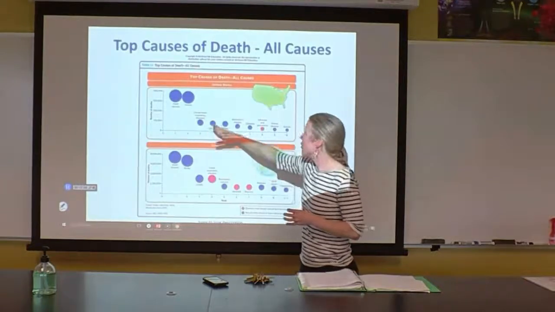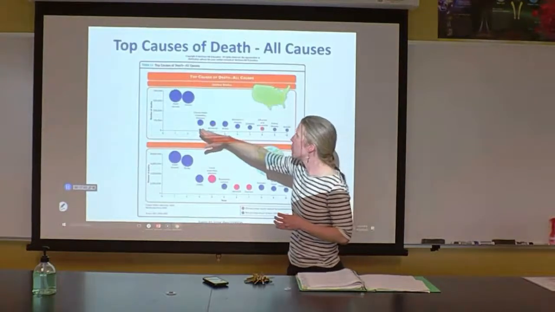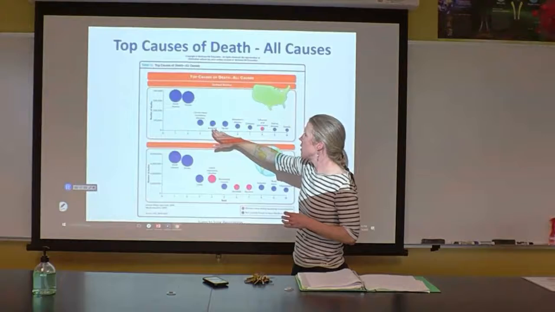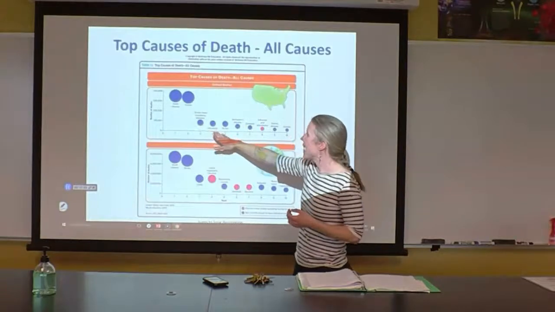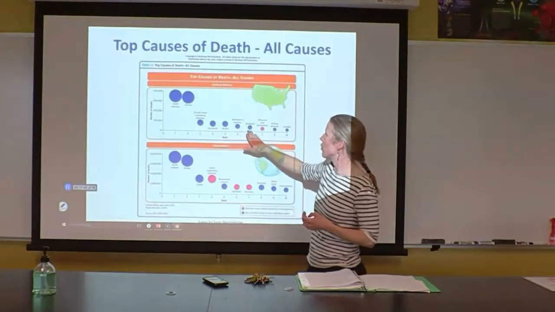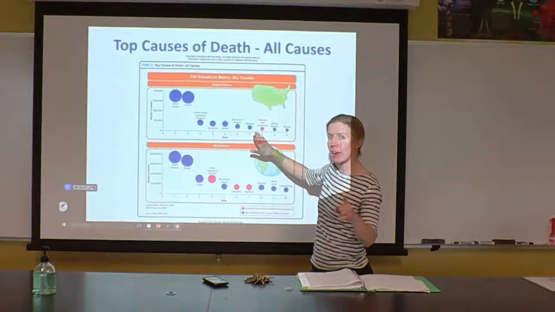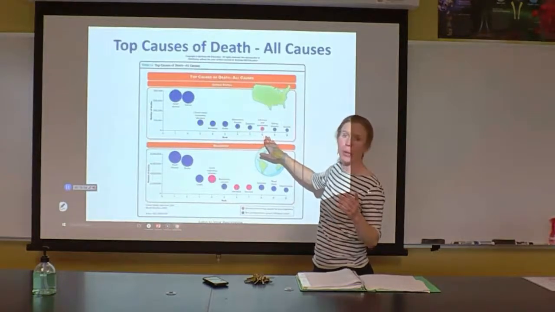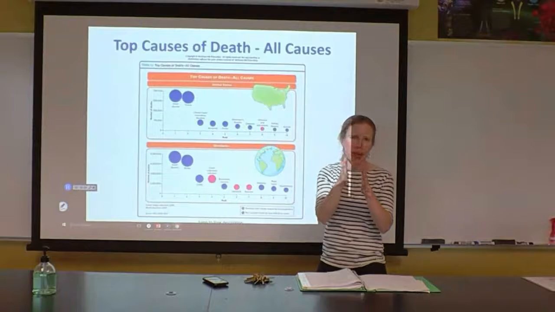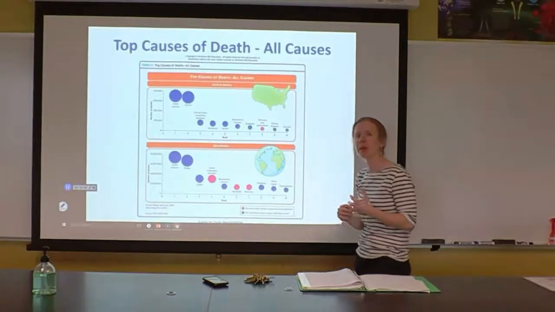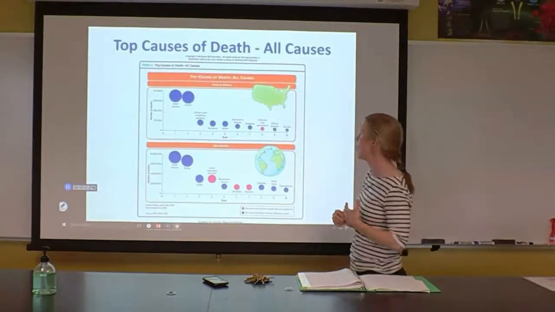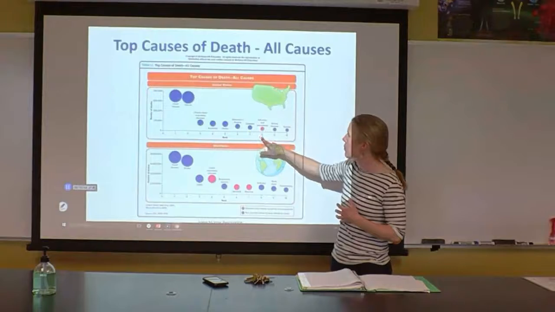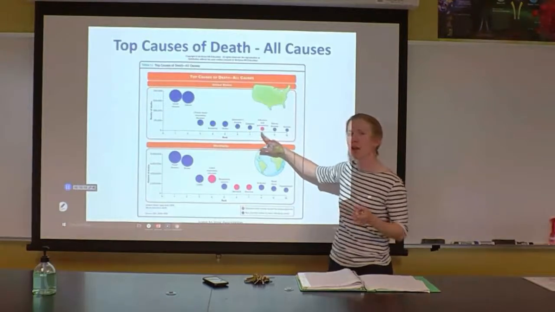This is chronic respiratory, so things like emphysema. Accidents, stroke, Alzheimer's, diabetes. We don't hit an infectious disease being a major cause of death until we hit influenza and pneumonia. They've put those two together because oftentimes people with influenza, what actually kills them is the pneumonia that follows. So this is like the number 8 cause of death in the U.S.